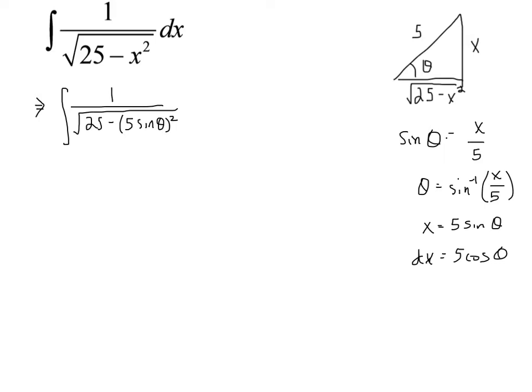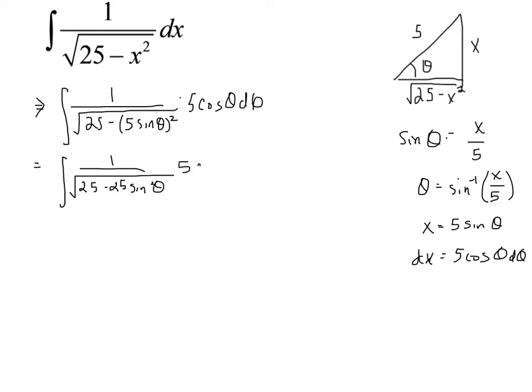I'm going to replace the dx with 5 cosine theta, and I should have written a d theta. Let me just go back and write that to be notationally correct. Okay, second pass at this, it's 1 over the square root of 25 minus 25 sine squared theta, multiplied by 5 cosine theta d theta.